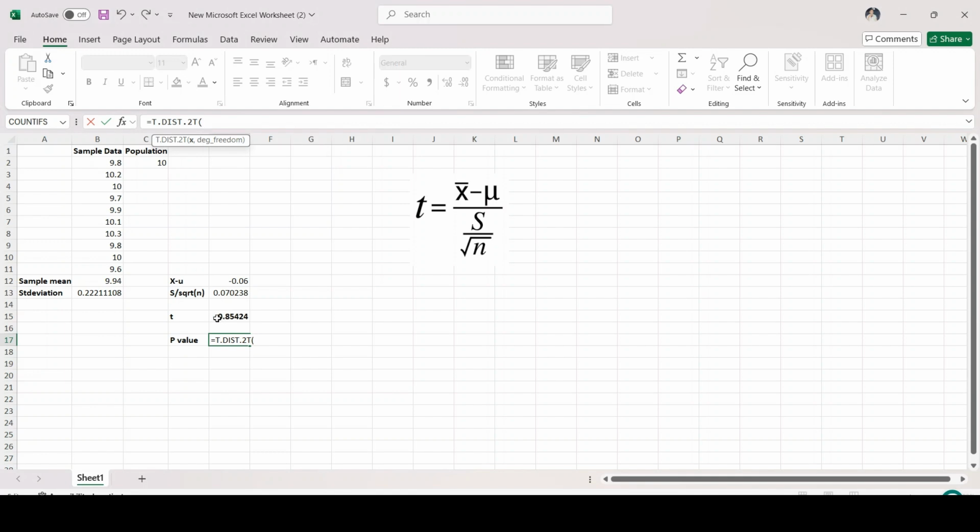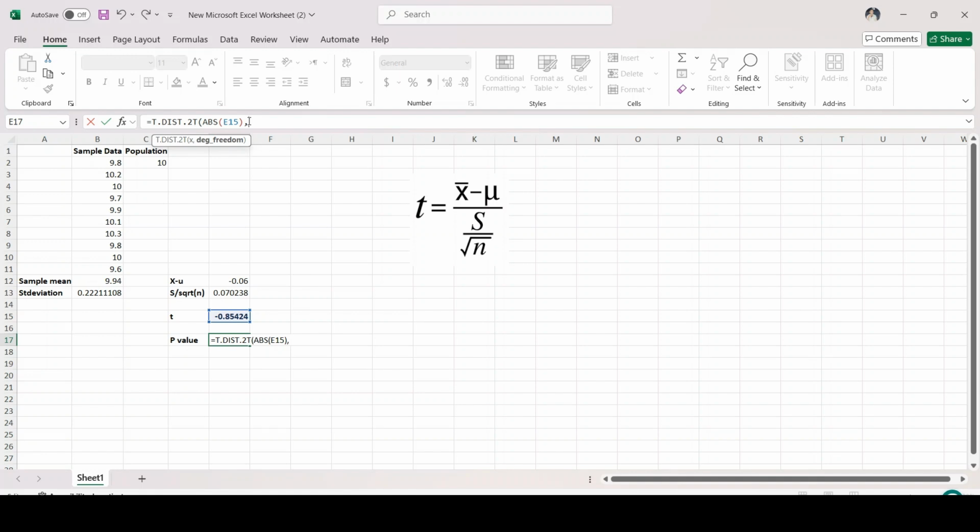Here we can see that a negative symbol is used. So first of all, we write absolute. That means in absolute, it will not consider the negative values. If we do not use absolute, then don't use the negative signs. So we will also try this one. So absolute of this value, right, parenthesis, then it will ask you for the degree of freedom.